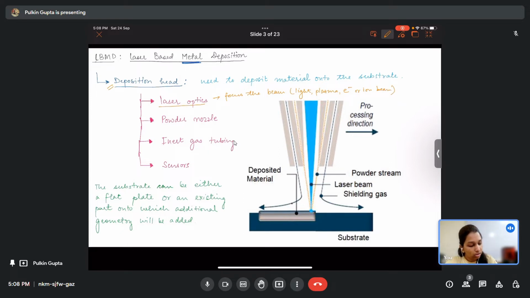It focuses the beam onto the powder particles or the required locations as per the CAD geometry.